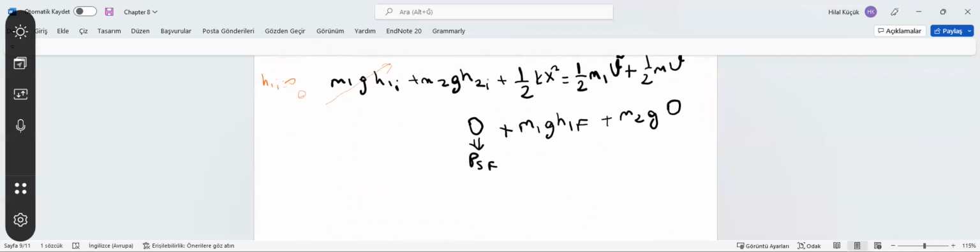M2 is 30 kilogram, G is 10. What's H2? H2 is 0.2 plus one half K, what's K? I don't know. I know X is 0.2 squared.